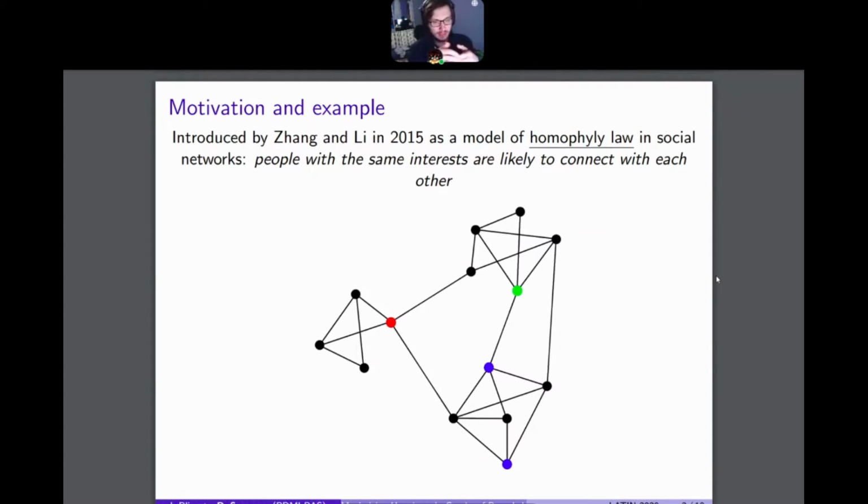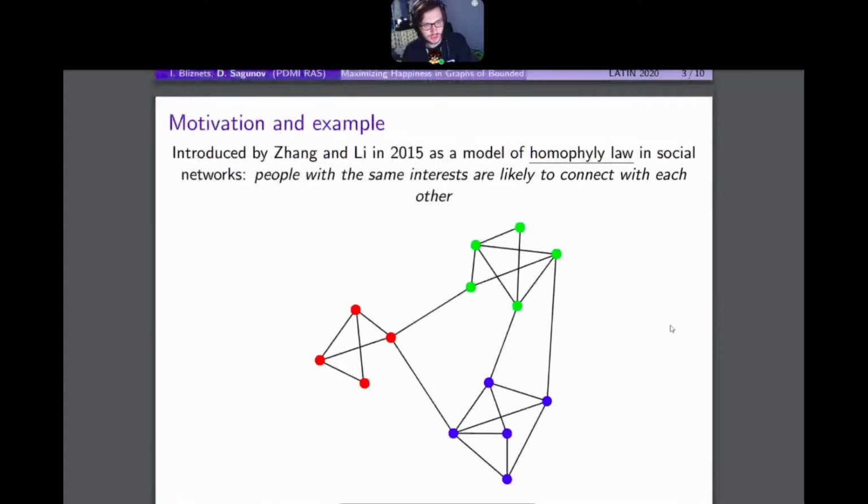The reason for the problem is that the optimal answer, for example to maximum happy edges, will give you a good prediction about this. In this precoloring, the optimal extension of the coloring to achieve the maximum number of happy edges is exactly like this.